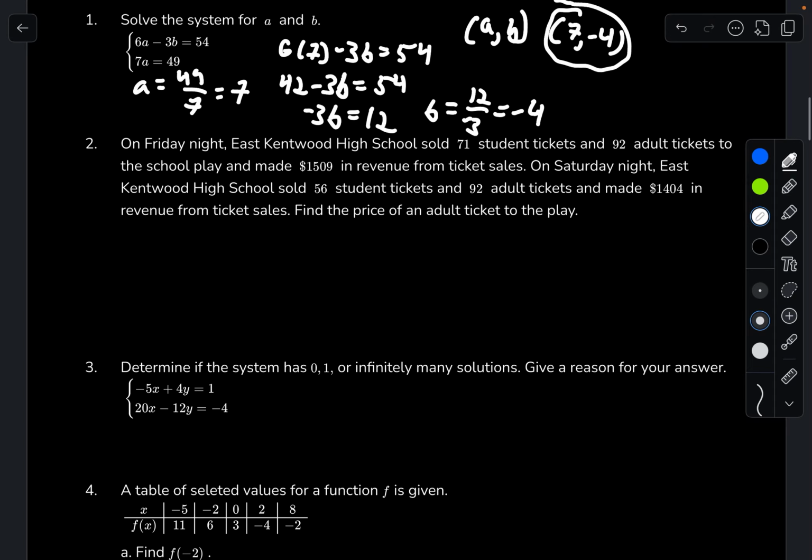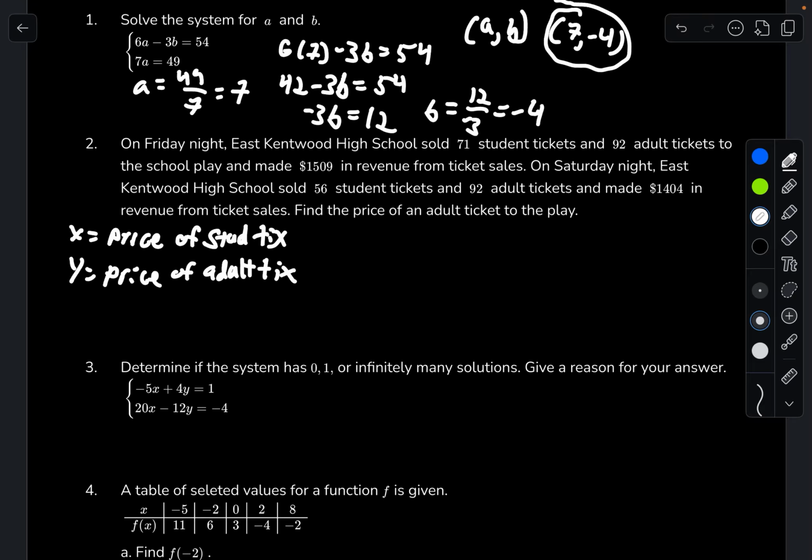All right, the second one is a word problem, which we all love. East Kentwood High School sold 71 student tickets. So I'm going to let X equal price of student ticket, and Y equals price of adult ticket.